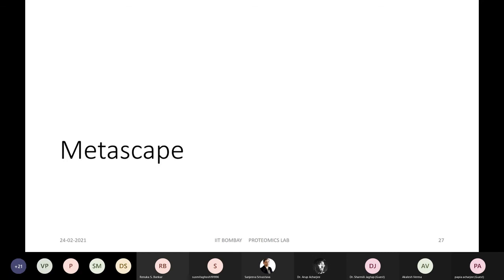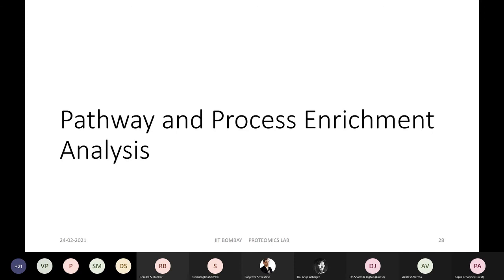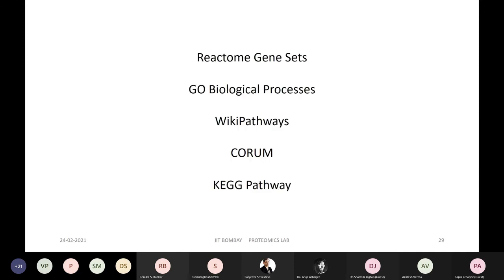For pathway and process enrichment analysis, Metascape actually uses multiple gene sets. There is a Reactome gene set, there is gene ontology biological process, there is WikiPathways, there is CORUM, there is KEGG pathway. So although you're running a single analysis, this software allows you to run multiple analyses in parallel using the same data set. This allows you to get a better picture.